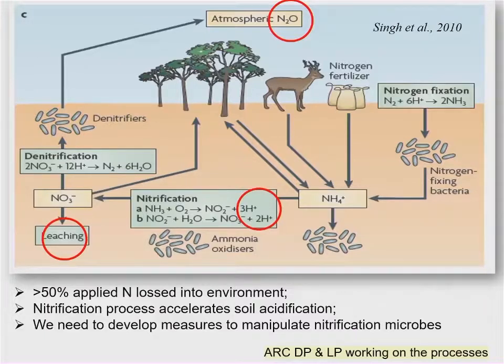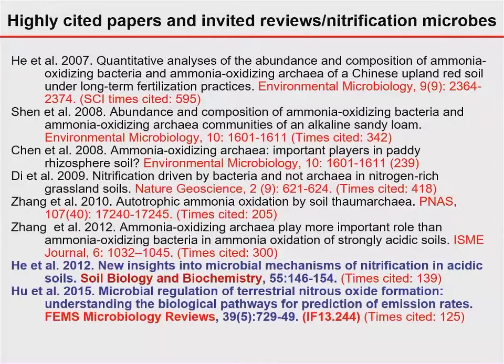In this field, I have one ARC DP project and also an LP project working on the inhibitors. This shows how basic research helps you establish your research capacity, and the possible use can link, for example through a linkage project, to develop engagement with industry partners. In this field, I have many highly cited papers. Like I mentioned, this 2007 paper, published some time ago, has been cited about 600 times.